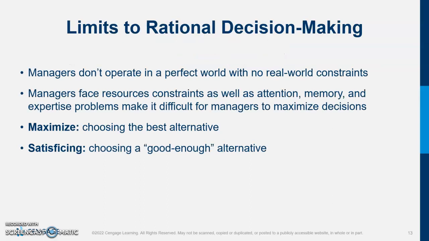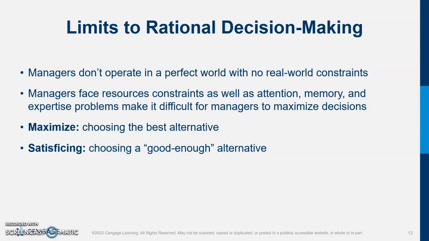Obviously, we want to make the best decisions possible, but we don't work in a perfect world, and we have constraints. Managers have to deal with these constraints, such as attention, memory, and expertise problems, which can make it difficult to maximize decisions. And so when we say we're maximizing, we're trying to choose the best alternative. But every once in a while, we use something called satisficing, where we just have to find the good enough example.